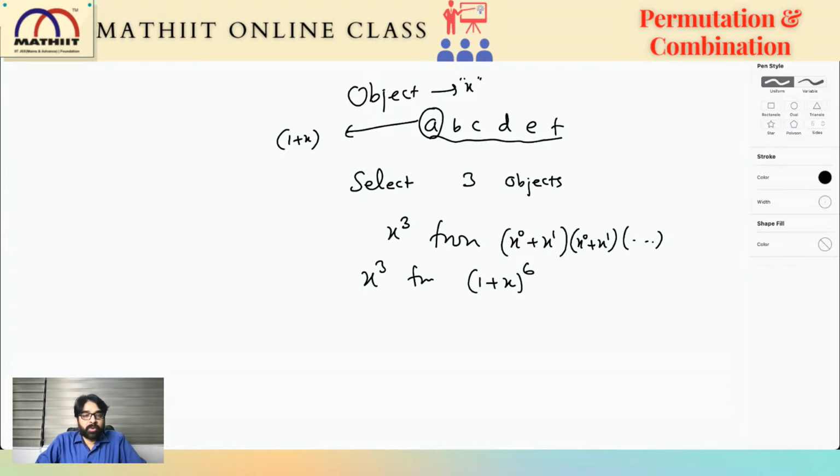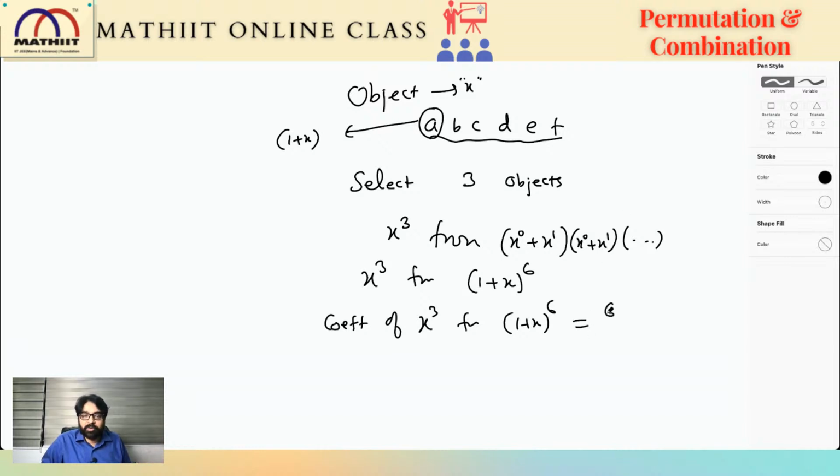Right? So x cube from (1 plus x). X cube from means what? Coefficient of x cube from (1 plus x) power 6. There is a direct formula. That's what we discussed last class. Coefficient of x power r in (1 plus x) power n is nCr.